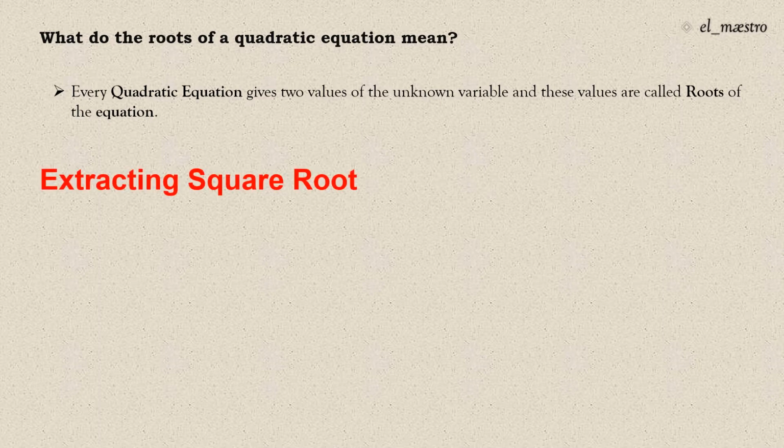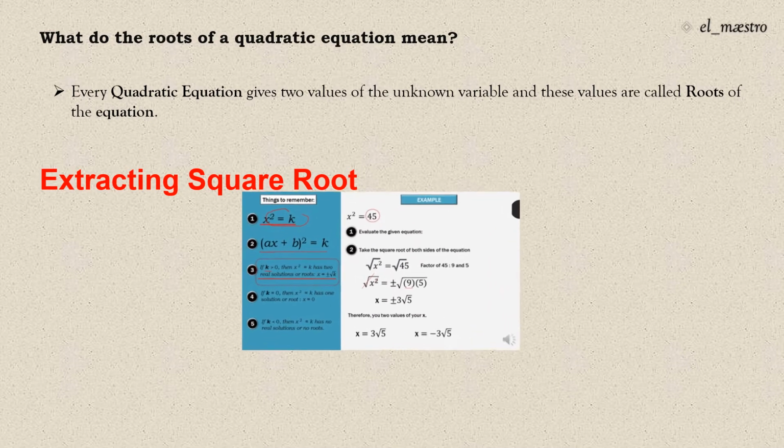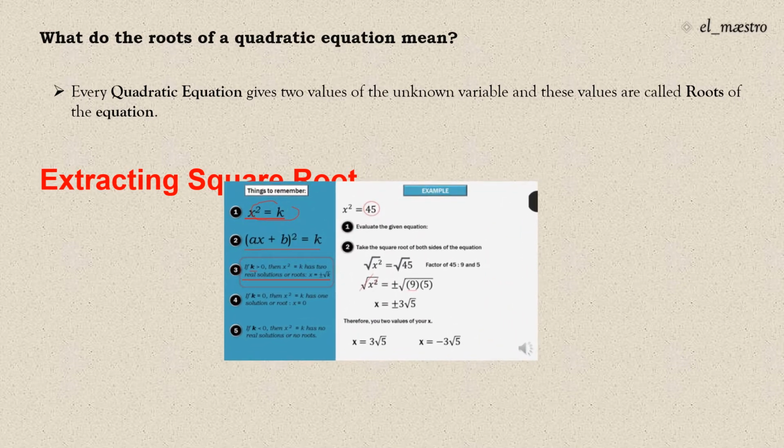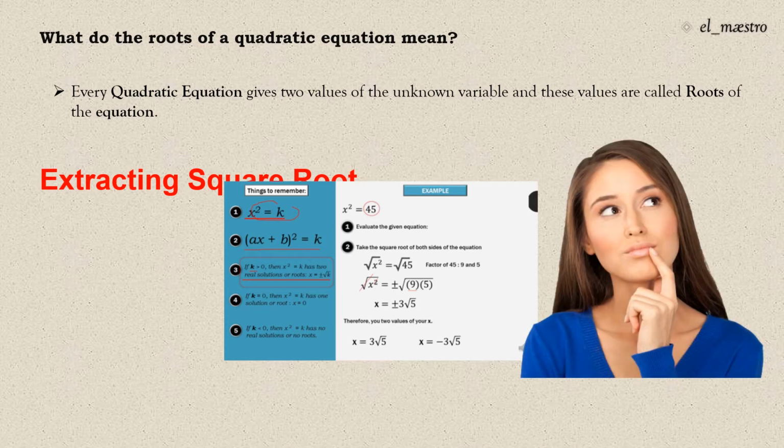For example, extracting square root. You should still remember that we solved a quadratic equation by extracting square root. After our solution, we ended up with x equal to 3 square root of 5 and the other value of x, which is negative 3 square root of 5.